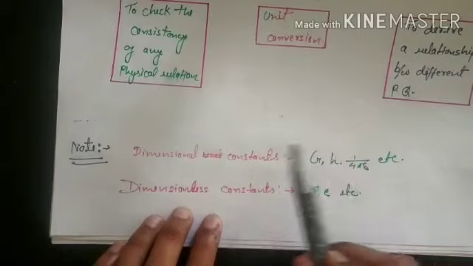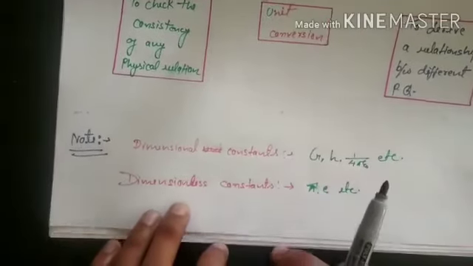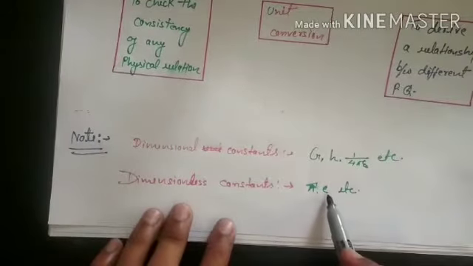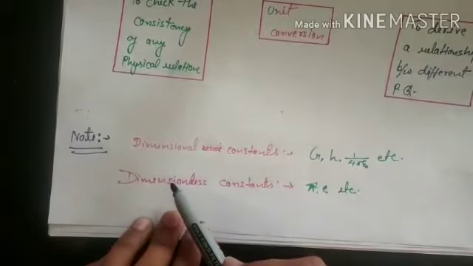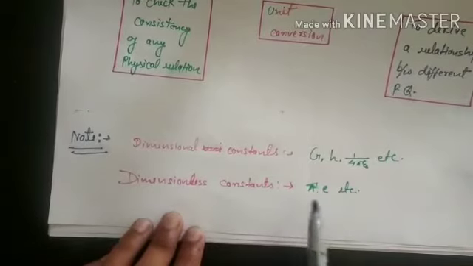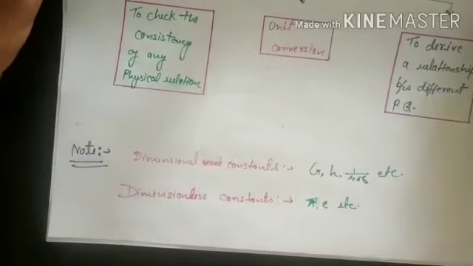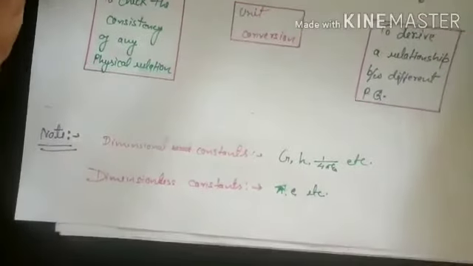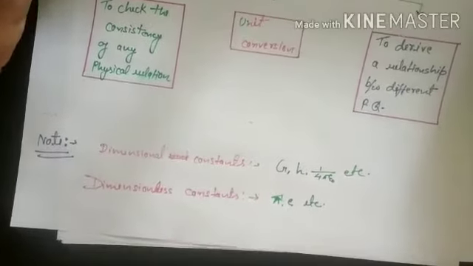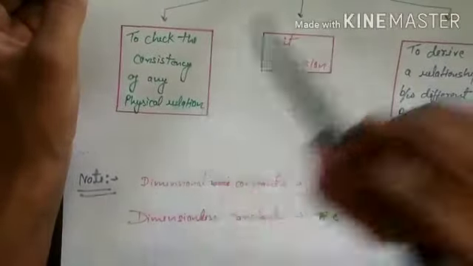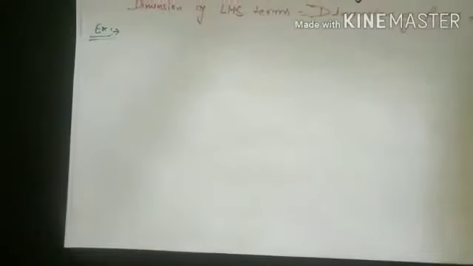These constants have dimensions, but constants like pi, exponential e, etc. are dimensionless. Okay, so let's start the first application of dimensions, that is to check the consistency of any physical relation.